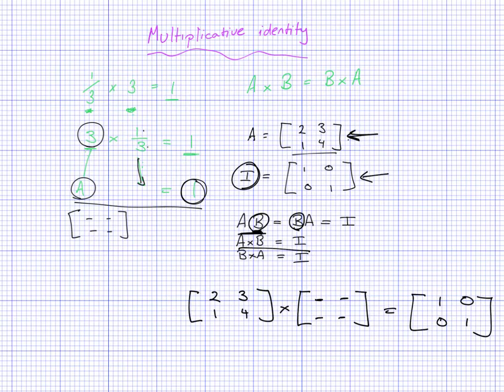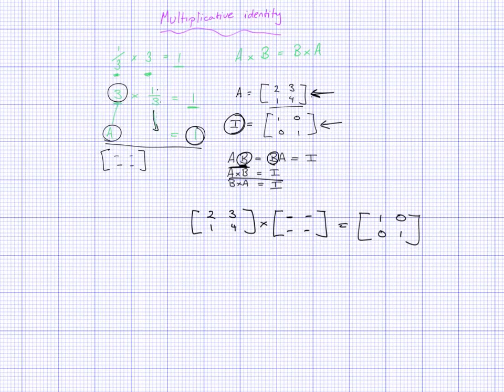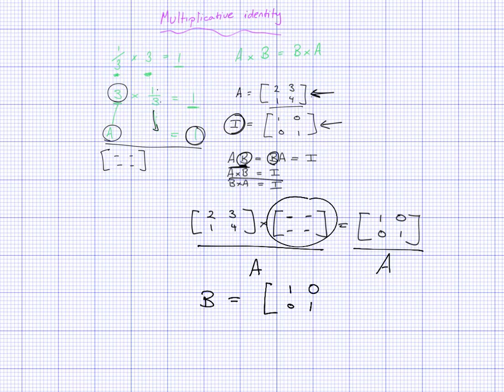All right, so you can see there that A times B equals the identity matrix. And you can also see there that if I was to divide this side by A, I would get B by itself. Now, division of matrices is not something that we have done, is it? So it would need to be 1, 0, 0, 1 over 2, 3, 1, 4.